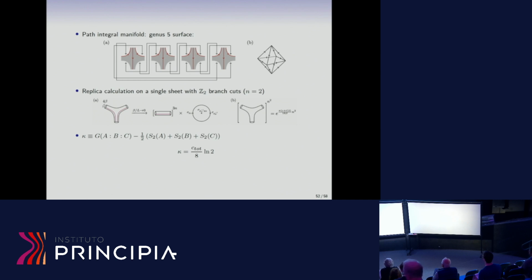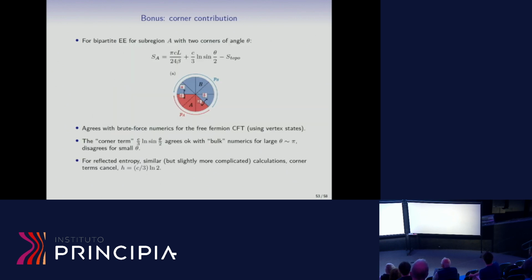Details I don't want to mention, but there's a bonus of this formalism: we can study something called the corner contribution. This is conceptually separate from the study of multipartite entanglement, but in studying this pizza slice partition, we create a sharp corner.